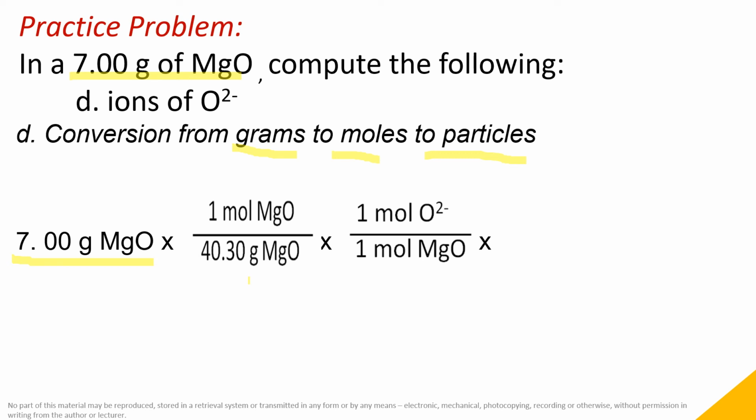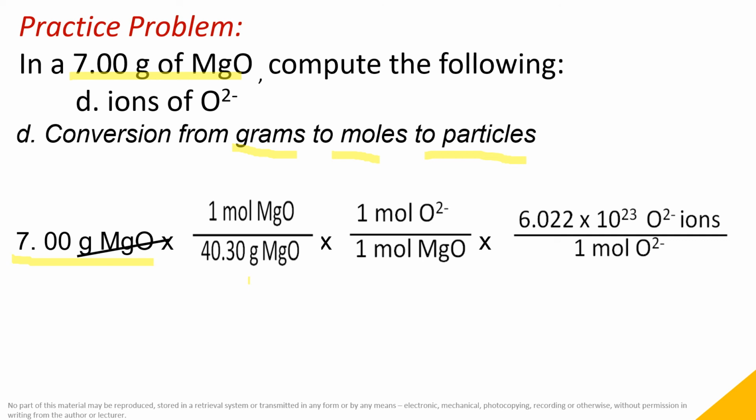Then, multiplied to the Avogadro's number, which is 6.022 times 10 raised to 23rd power oxygen ions over 1 mole of oxygen ions. Now cancel out the similar units. We have grams for magnesium oxide, moles for magnesium oxide, and moles for oxygen.